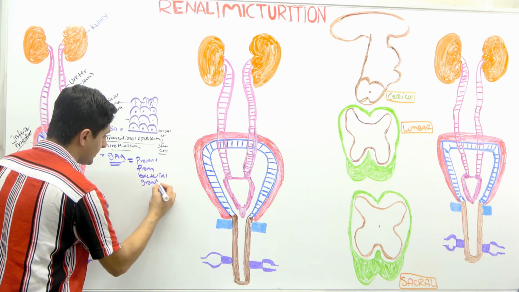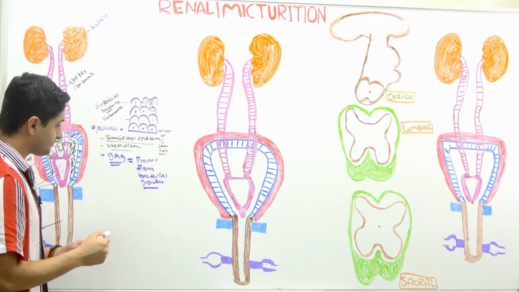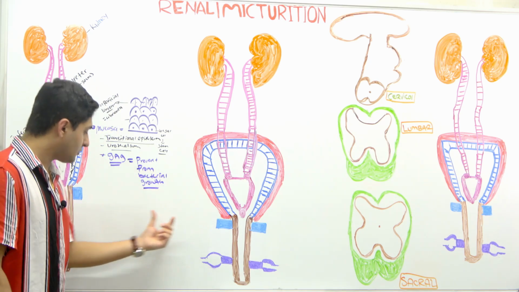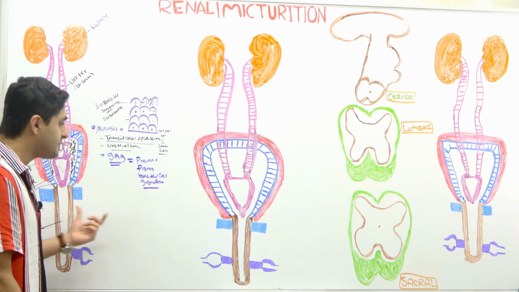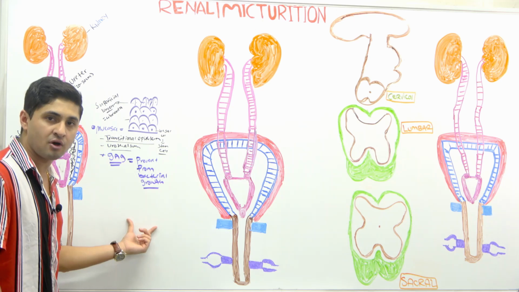And remember, we'll talk about this: in a female the urethra is shorter, about 4 centimeters long, and in a male it's about 20 centimeters long.